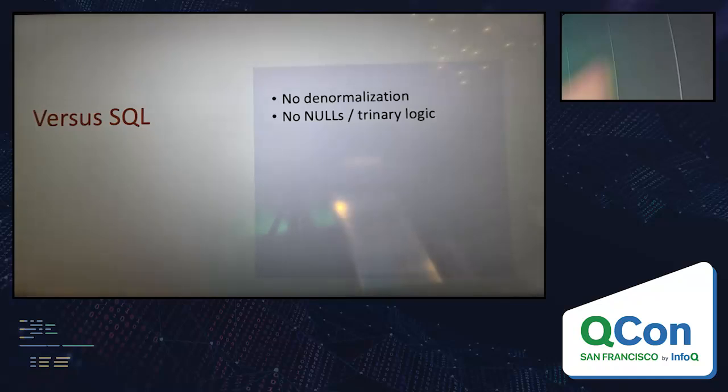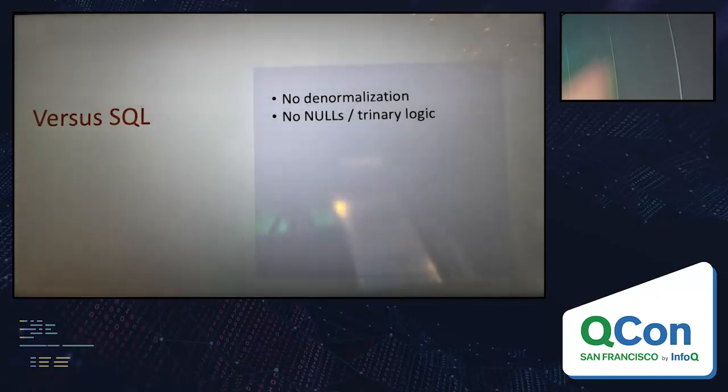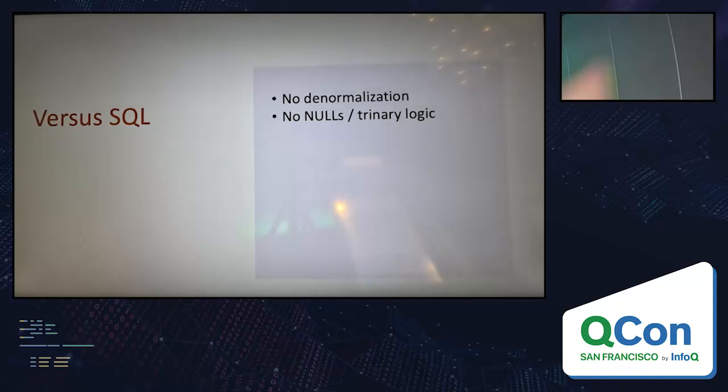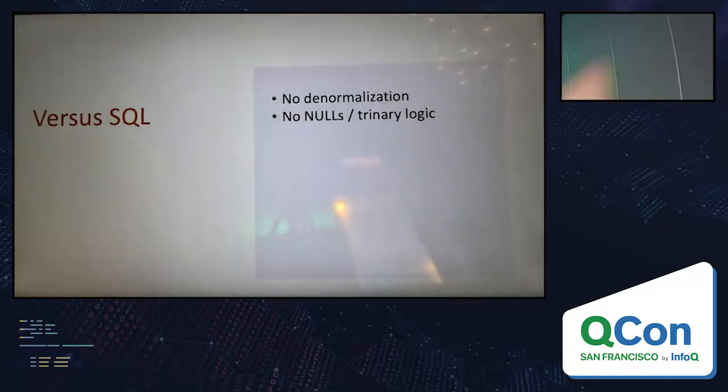So if you have a default quantity, you get to decide, is it 0, is it min-int, is it max-int, is it 1? Which is appropriate depends on what you're doing with it. But we force you to make that decision explicitly. So now there's no trinary logic, right? Which is a big pain.